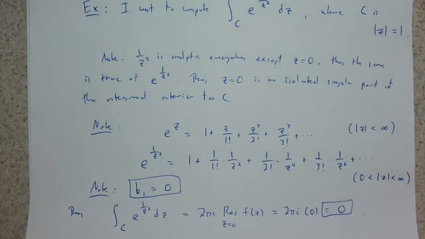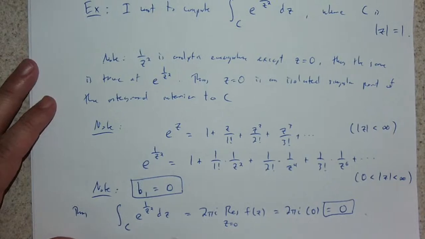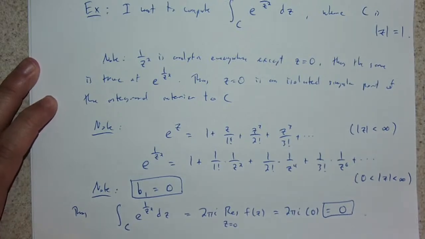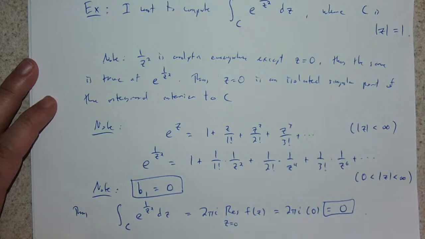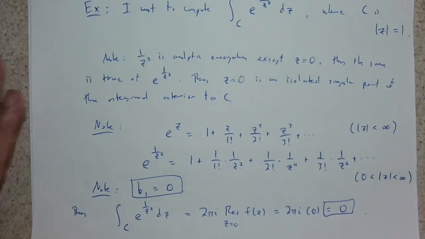So a nice thing to get from this is that typically, if you have the analyticity of an integrand within and on a simple closed contour C, we know that that's a sufficient condition for that integral around C to be 0. But it is not a necessary condition.